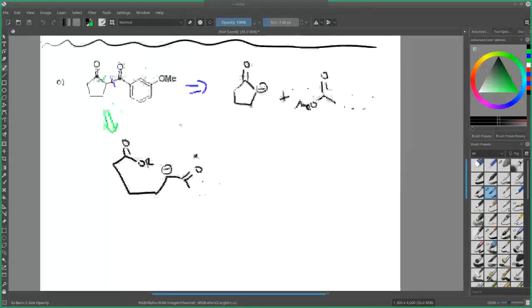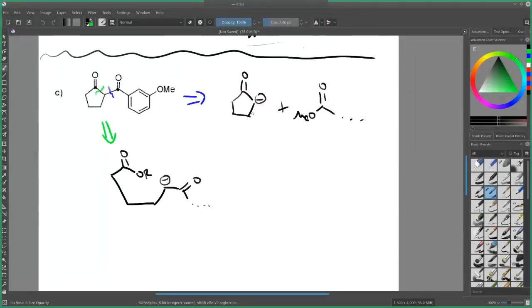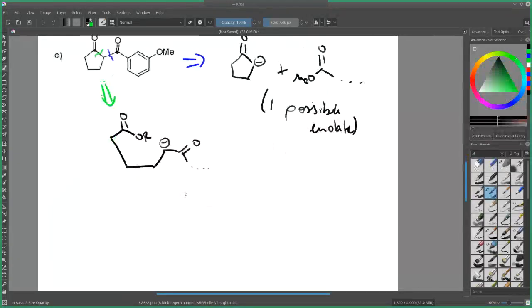Some people would say the blue path is preferred because there's only one possible enolate that forms, whereas here there are two possible. But the ester is way less common.